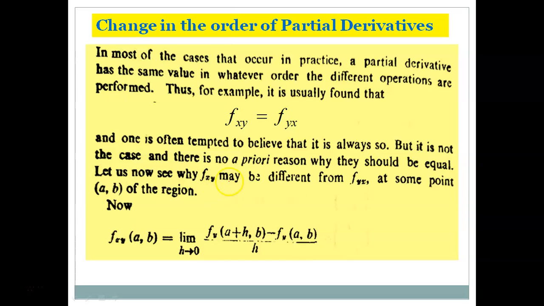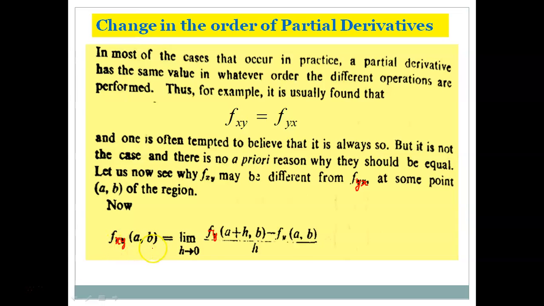Let us now see that fxy may be different from fyx, as we have seen in the last example, at some point (a, b) of a region. Now fxy can be written as, in fact here they are finding the partial derivative with respect to y and then x.